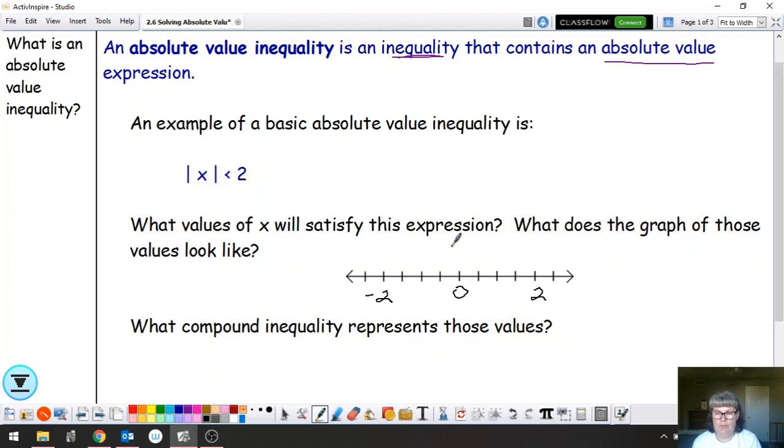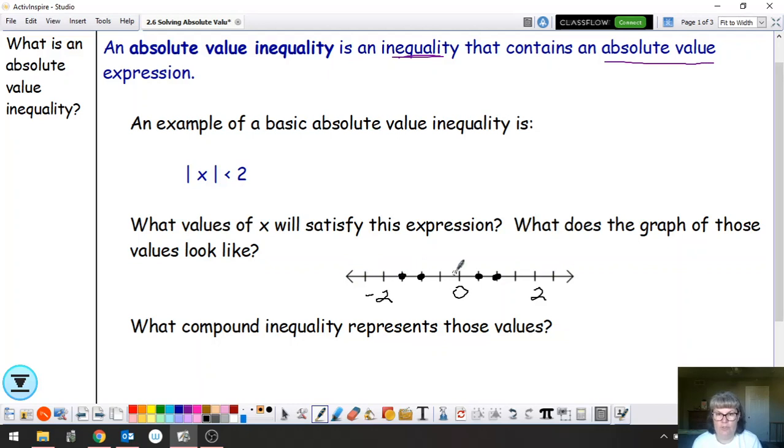So numbers that would have a distance less than 2, if I were to just put some points on my graph, well, 1 has a distance less than 2. -1 has a distance less than 2. 0.5 has a distance less than 2. -1.5 has a distance less than 2. 2.5 does not. -2.5 does not.